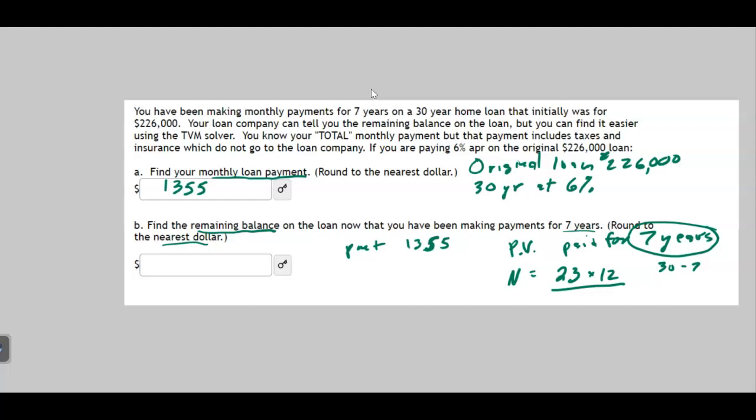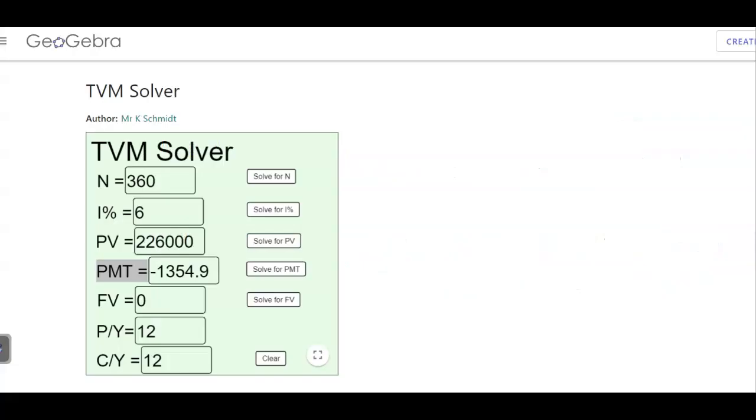The remaining balance depends on the remaining payments. That's why N equals 23 times 12, which should be 276. We'll go ahead and plug that in on our TVM solver.